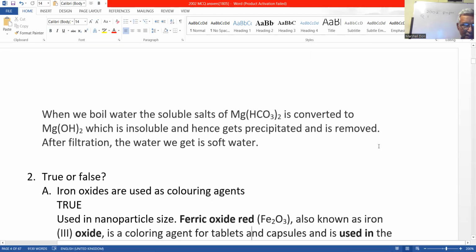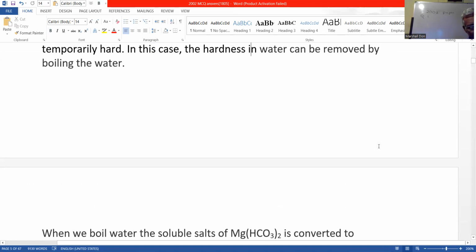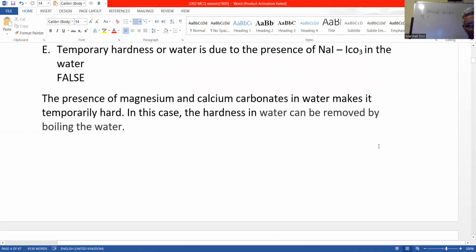When you boil water, it deposits as hydroxides, magnesium hydroxide. So the answer is false, because it is not because of sodium iodide or sodium carbonate. So the answer is false.